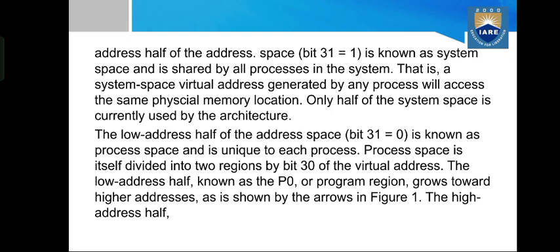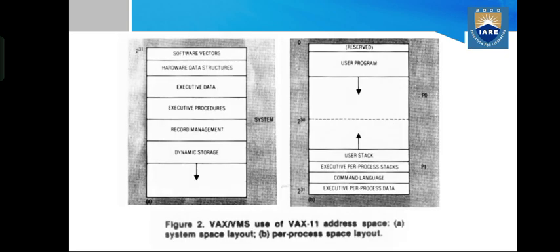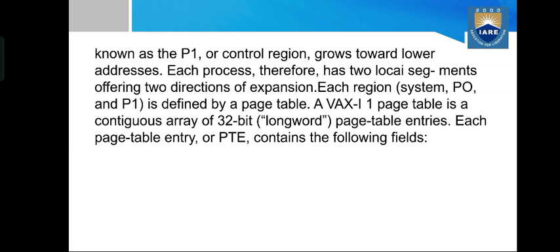The high address half, known as the P1 or control region, grows toward the lower addresses. Each process therefore has two local segments offering two-directional expansion.